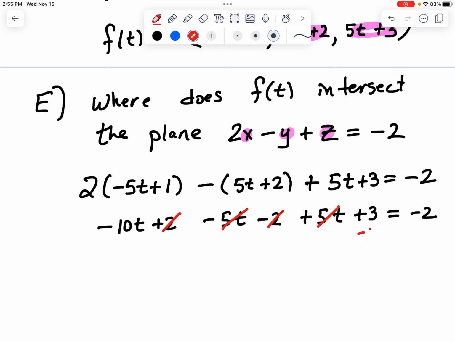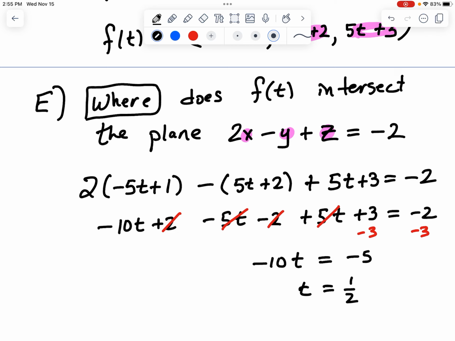Then all I need to do is subtract 3 from both sides. And we're left with -10t on the left and a -5. So once you divide, it looks like t is equal to a half. So after half a second, the line is going to intersect the plane. But the directions said where, not when.